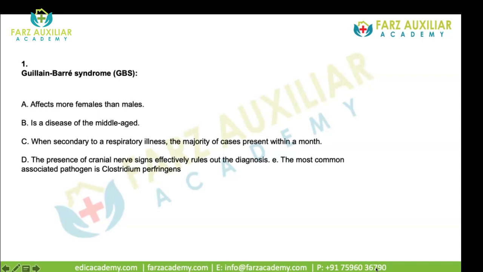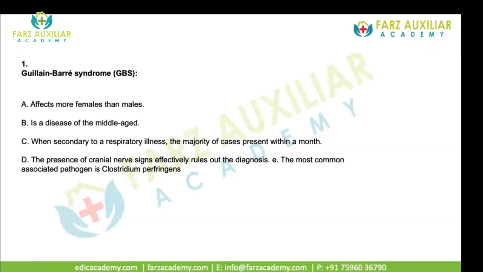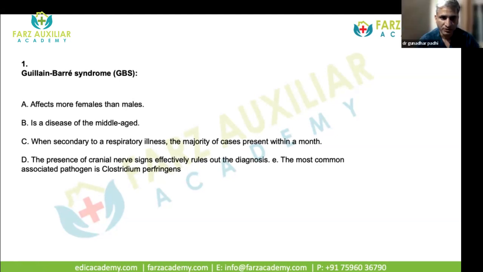Normally it is expected that a student appearing for EDIC 1 needs to know everything about the theoretical part of Guillain-Barré syndrome, because it is one of the most common disorders the intensivist encounters. Starting from the incidence, one question will be on the incidence, one on the sex and age distribution, and one on the precipitating events and the different factors that precipitate such illness.